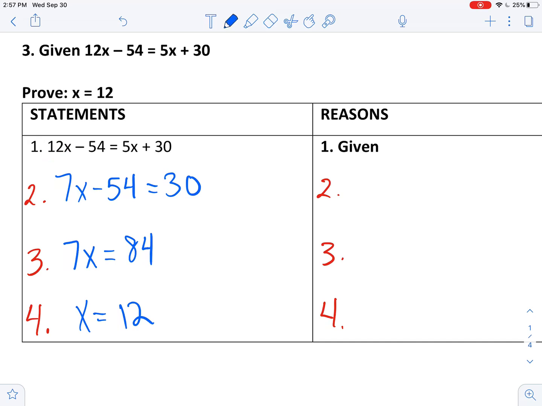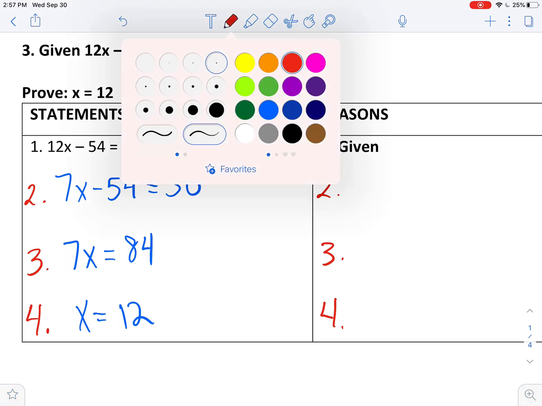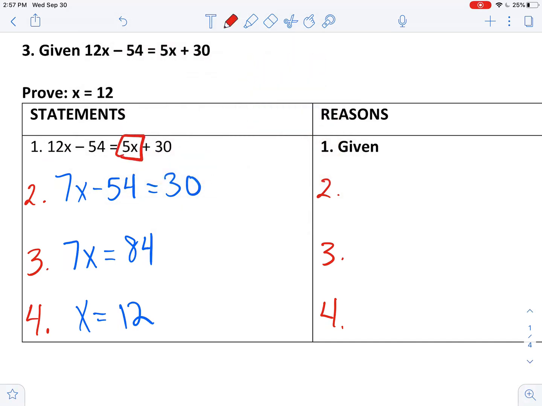So I must have gotten rid of this 5x on the right. If I look on the right side of this equation, I don't see a 5x. And how do I get rid of a positive 5x? I would have to subtract 5x. So that must be my subtraction property of equality.